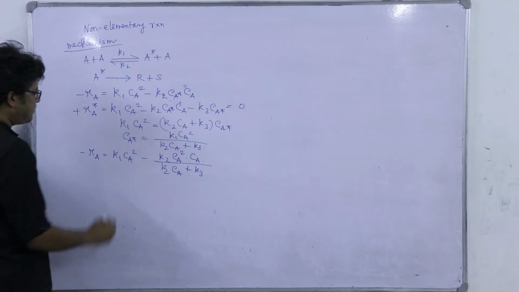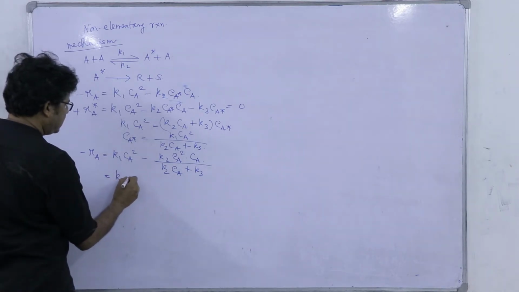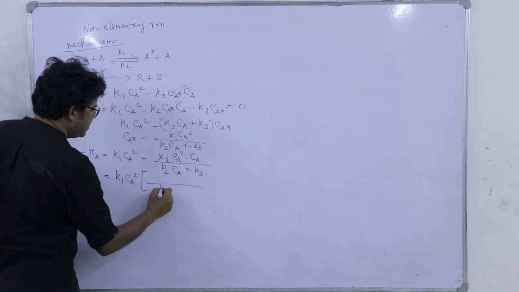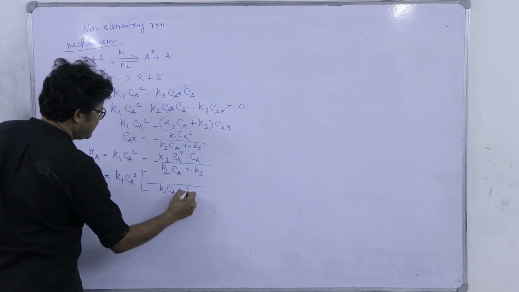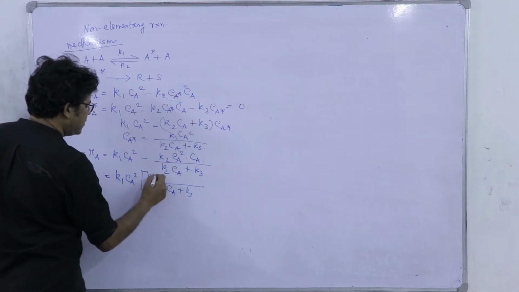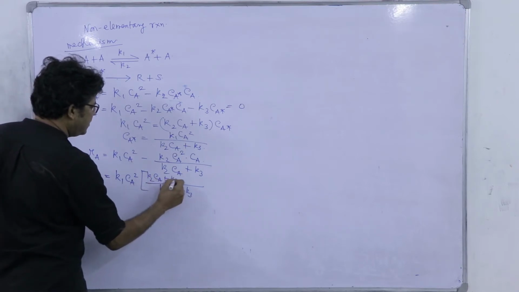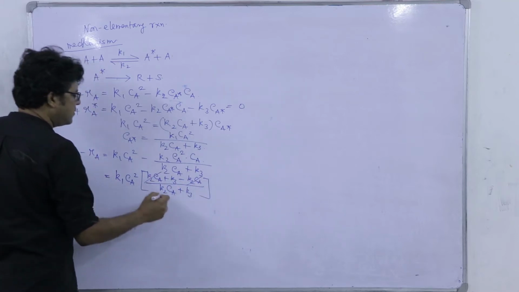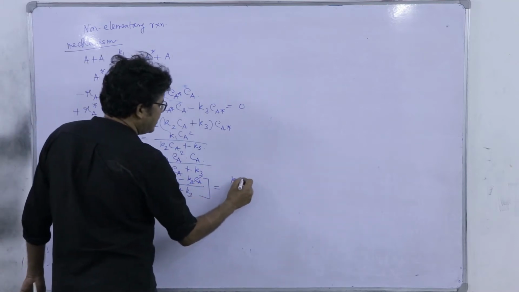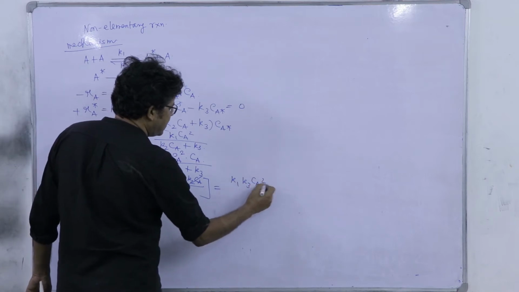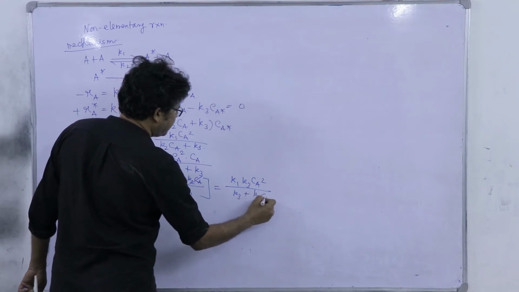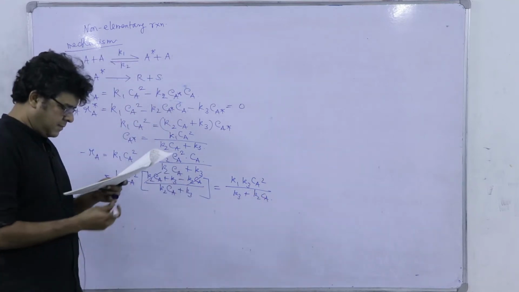Taking K1 CA square common, the numerator is K2 CA plus K3 minus K2 CA. That cancels out, so we have K1 K3 CA square divided by K3 plus K2 CA. So, that is the answer.